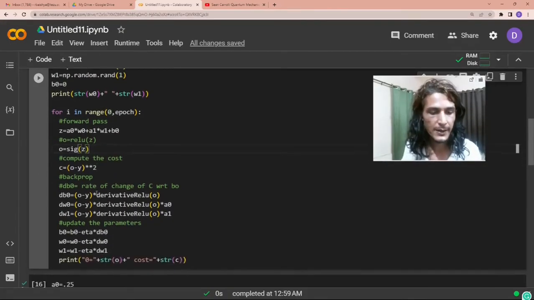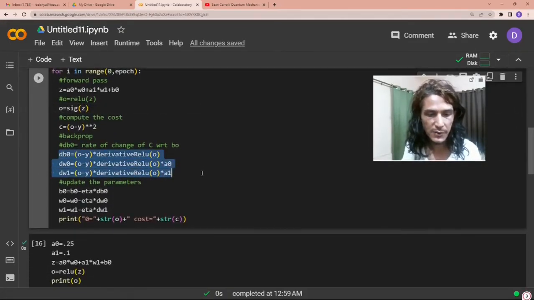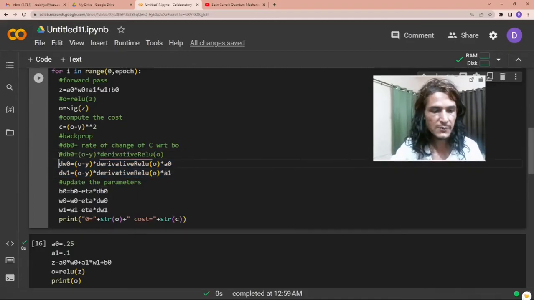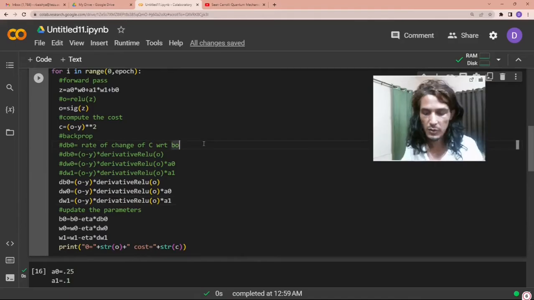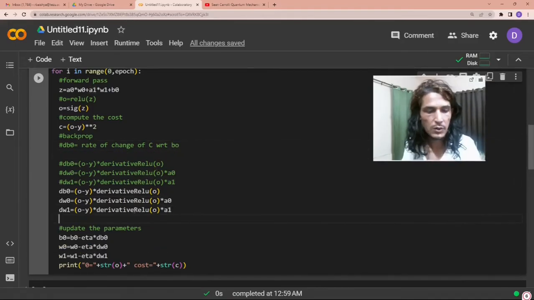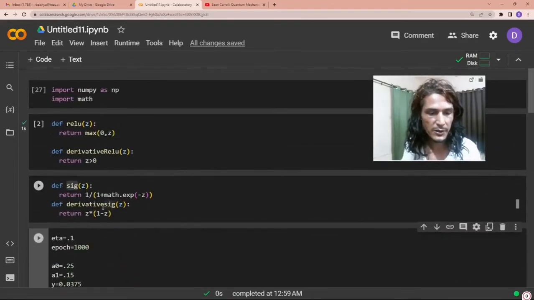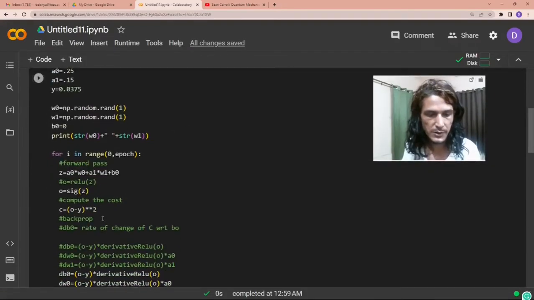Got it? Done. And where else do we have to change? Wherever we are calling the derivative of relu, instead of that we have to call the derivative of sigmoid. It's quite straightforward, right?